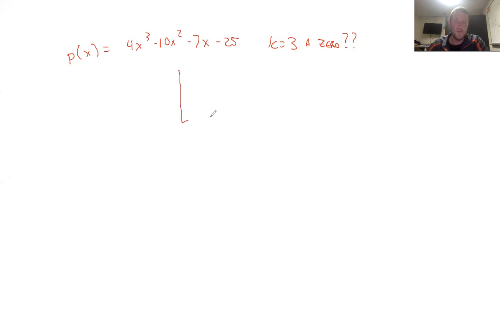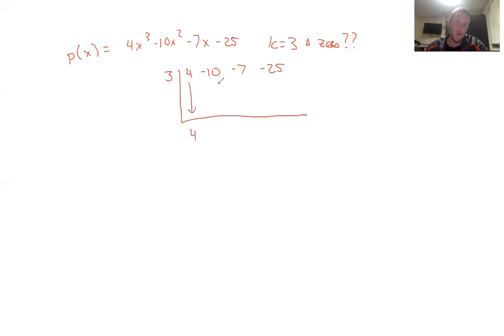But the other way to do it is to do synthetic division. Sometimes the math is easier rather than just plugging it in. But you want to see if there is a remainder. If the answer at the bottom is 0, then k equal 3 is a 0 because it can be divided by, so it'd go into it evenly.